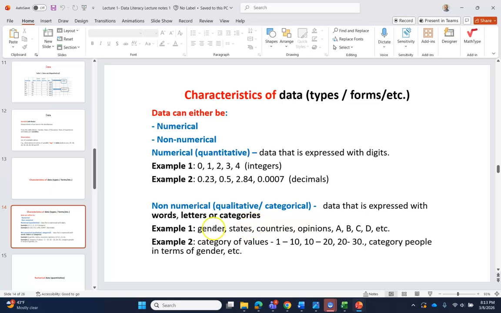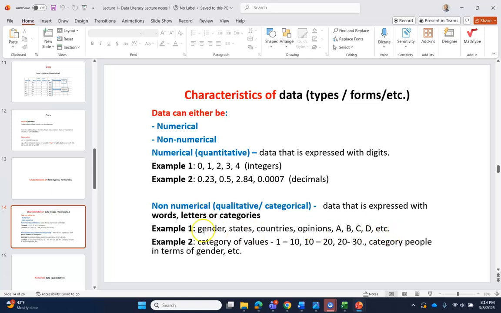So examples that we have here are gender, where we can have male or female, and then we have states, and you can mention the names of the states or countries, opinions, or even A, B, C. So that's what we call non-numerical data.